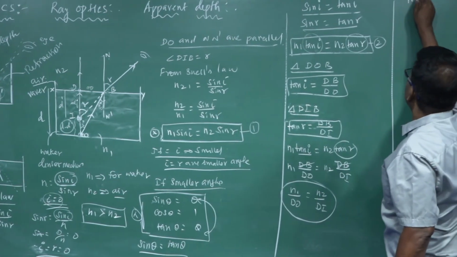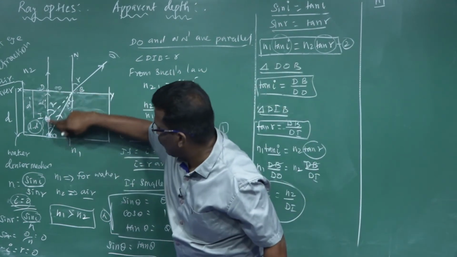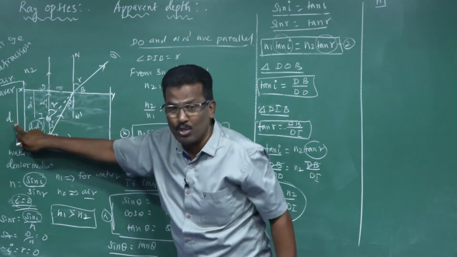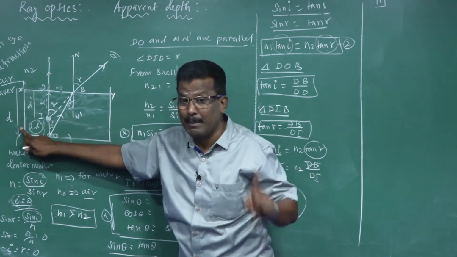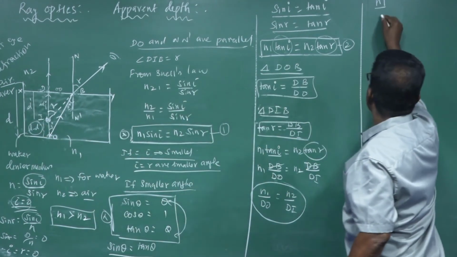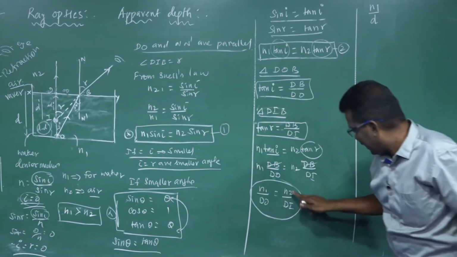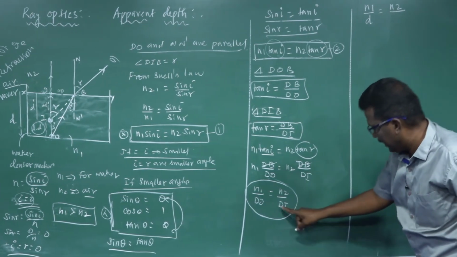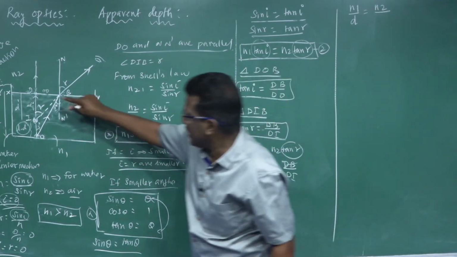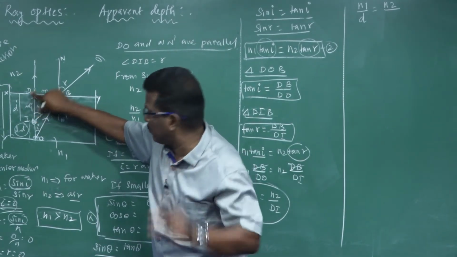What is DO? DO is the original depth of the liquid or original depth of the beaker. That is D. The next, N2 divided by DI: DI is the apparent distance or apparent depth.